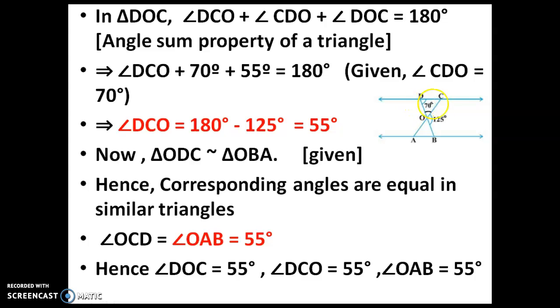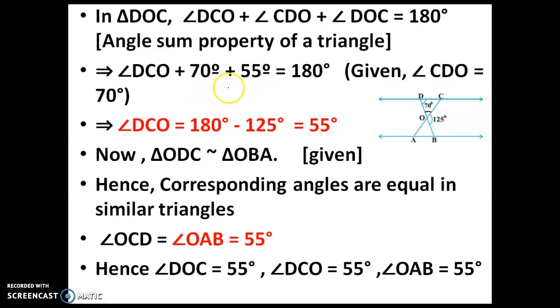So the sum of the three angles of a triangle is 180 degrees. That's why we are doing the sum of the angles. By that you will get angle DCO equal to 55 degrees. 180 minus 125, so how it came is 70 plus 55.